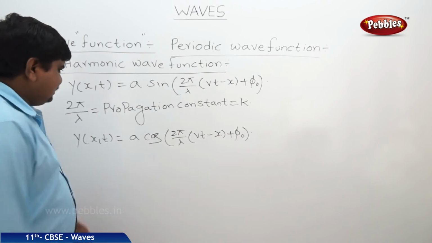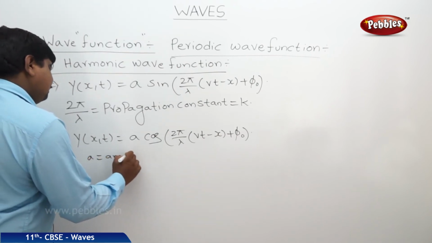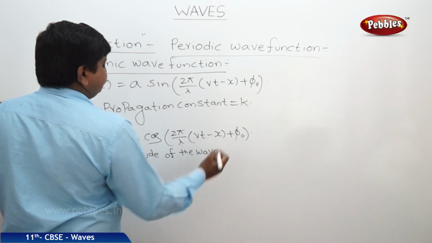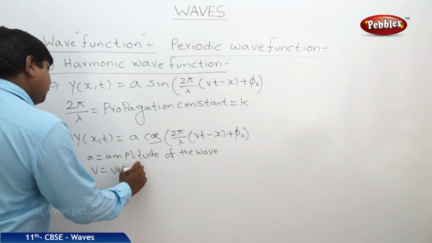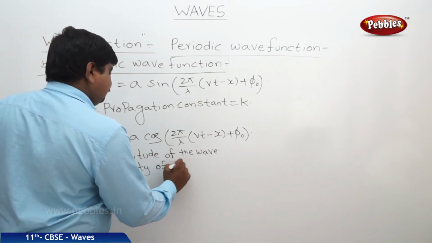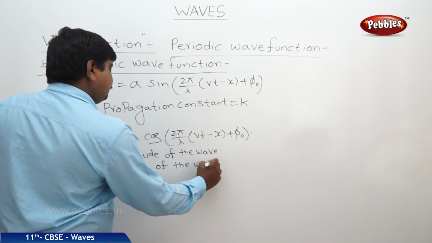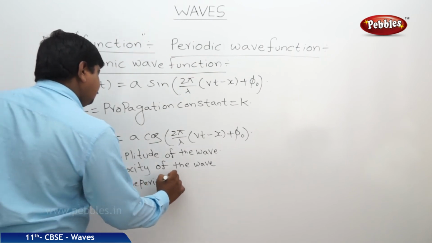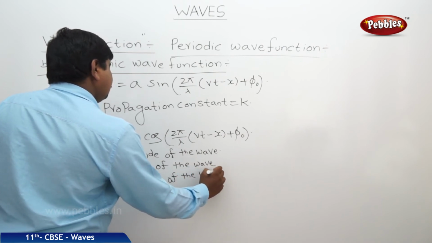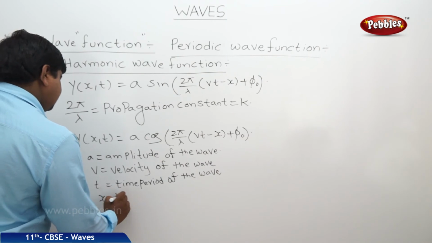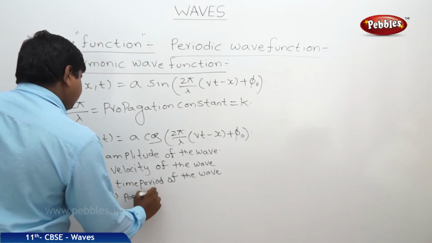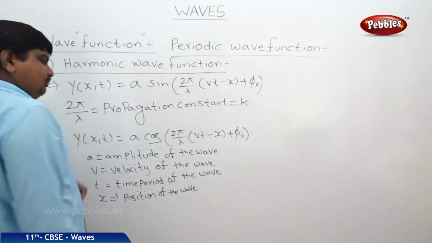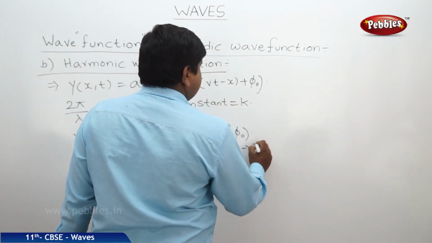What we can understand from these expressions, where A is the amplitude of the wave, v is the velocity of the wave, T is the time period of the wave, x is the position of the wave, and phi naught is the initial phase of the wave.